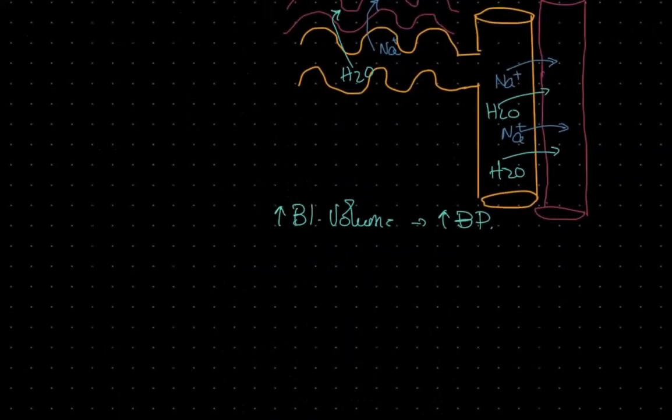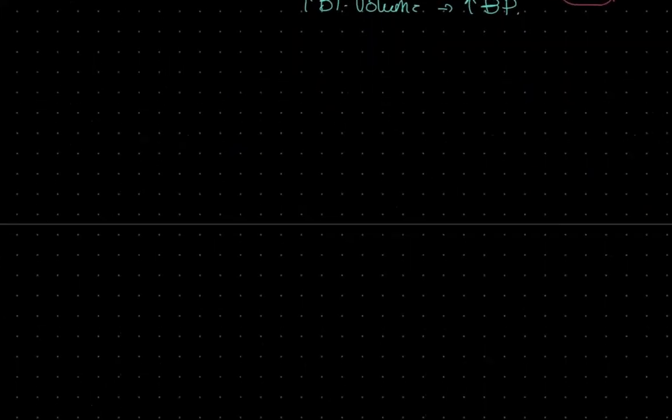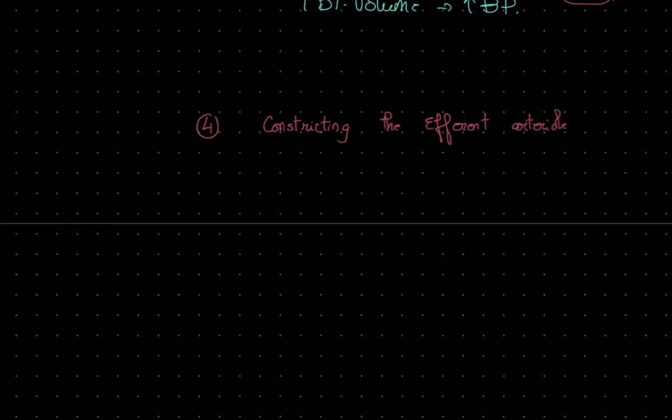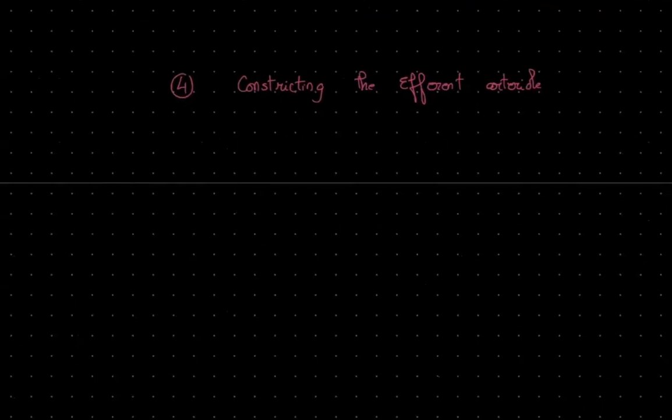Another effect of angiotensin 2 is going to be by constriction of the efferent arteriole in the nephron. If you remember, this is my Bowman's capsule.